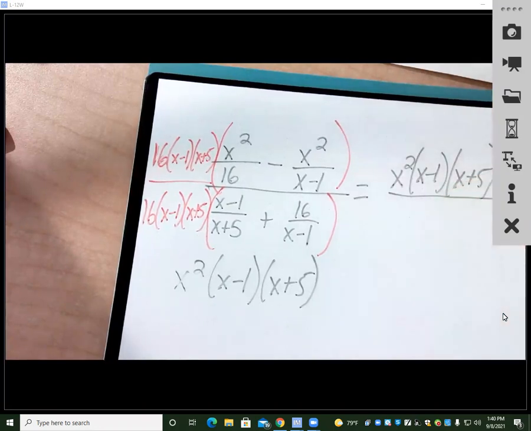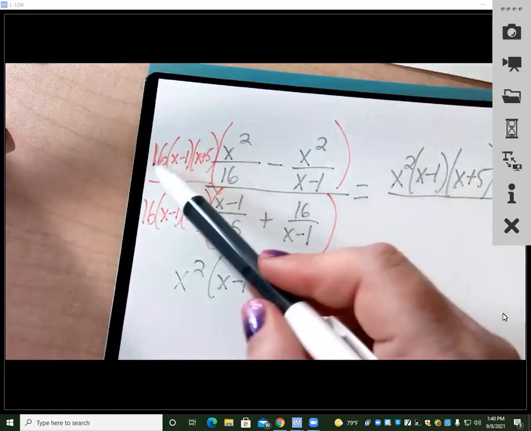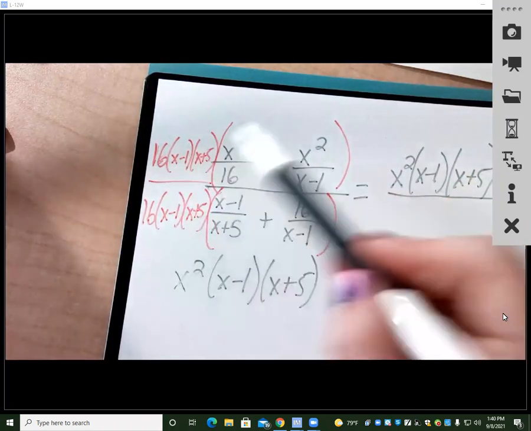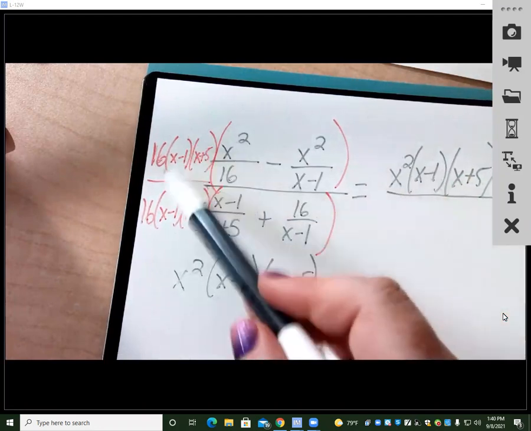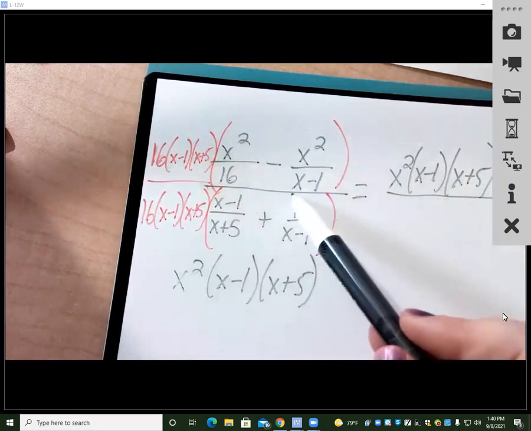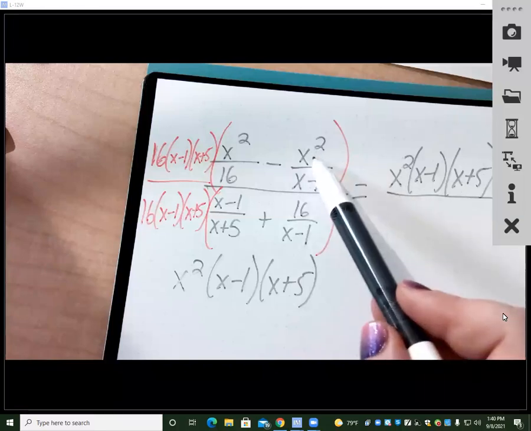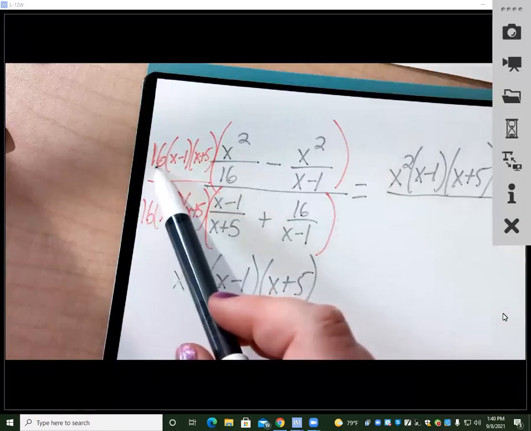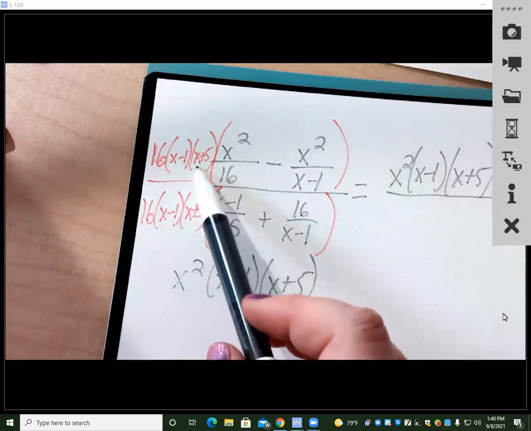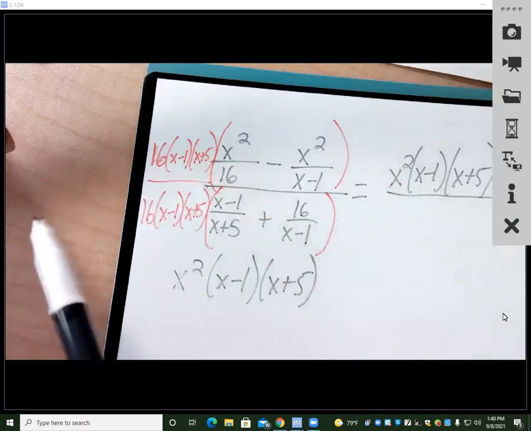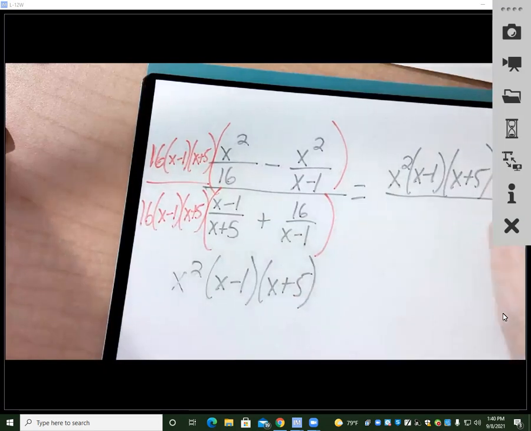My next chunk, okay, watch. I'm going to take all of this and divide down. So the x minus 1s are going to cancel each other out. Then I'm going to have this x squared times 16 and times an x plus 5. You with me so far? I know there's a lot going on here. I am going to have to subtract the whole thing.